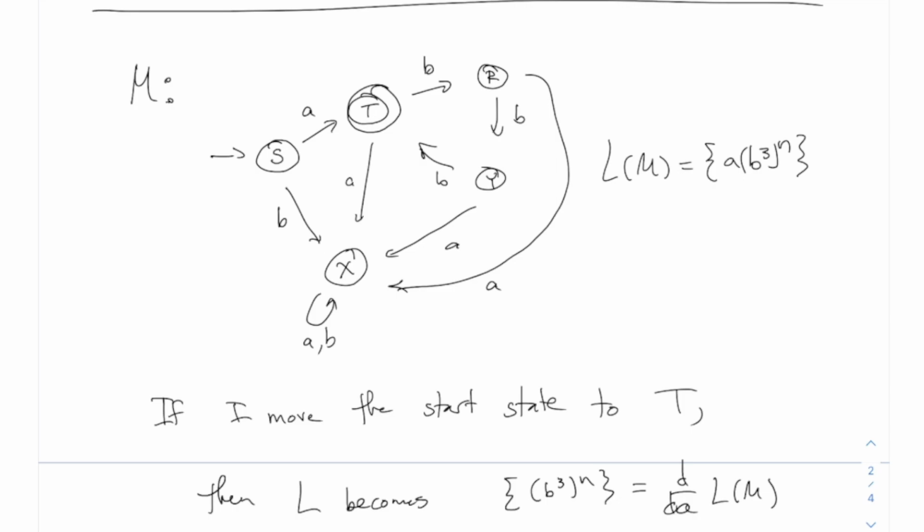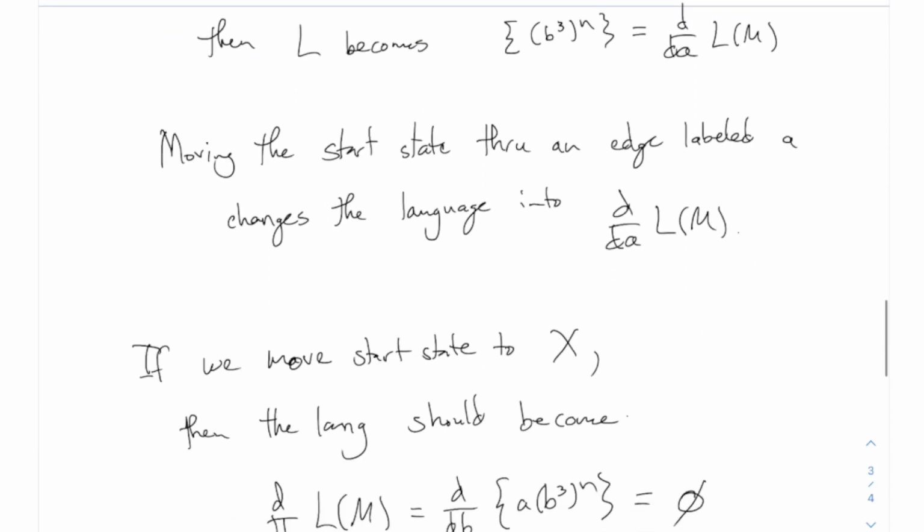And in fact, you can move the starting state even to R by going through the A and through the B. All right? So actually, it's not just one edge at a time. Moving the starting state through any path along here corresponds to doing a derivative of a string, right? If I went from S all the way to R, that would be the derivative with respect to AB, because I went through those two edges.